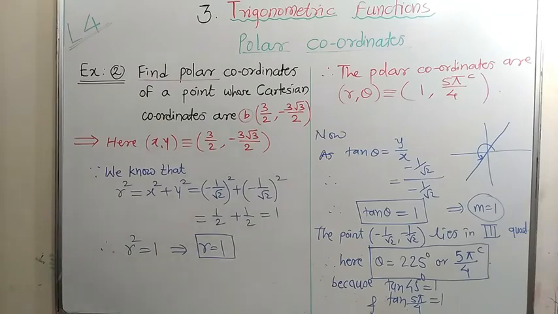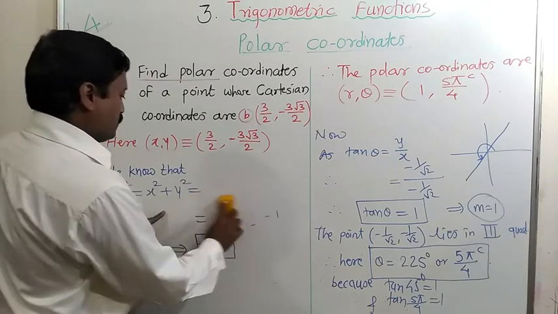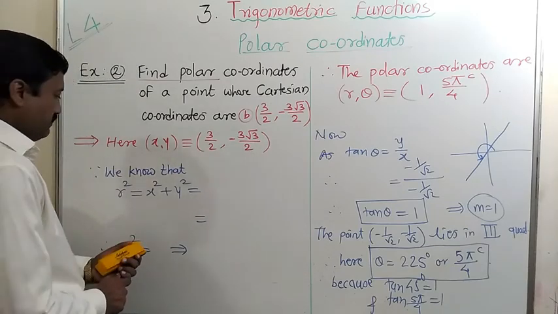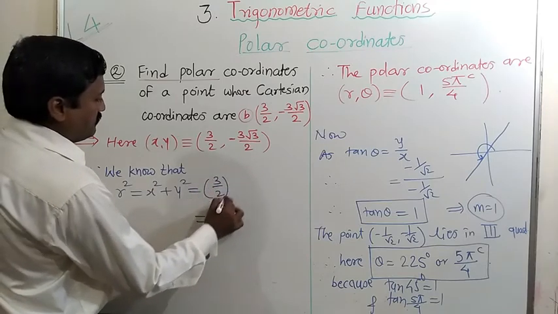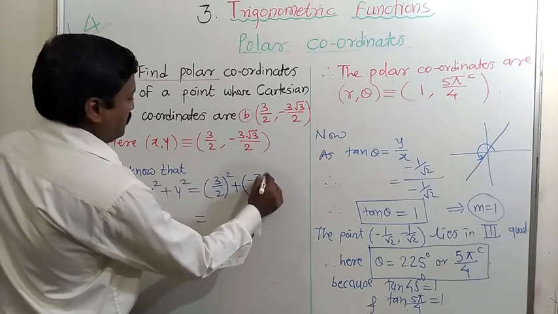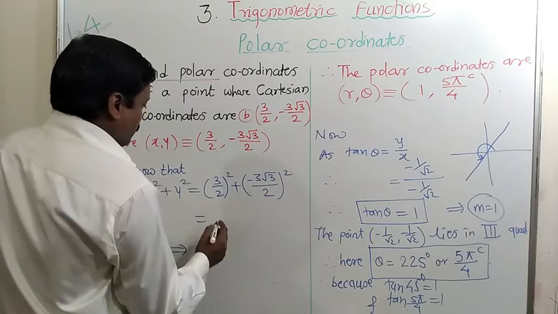In a similar way, we know that r square is equal to x square plus y square. So here we get r square equal to 3 by 2 bracket square plus minus 3 root 3 upon 2 bracket square.